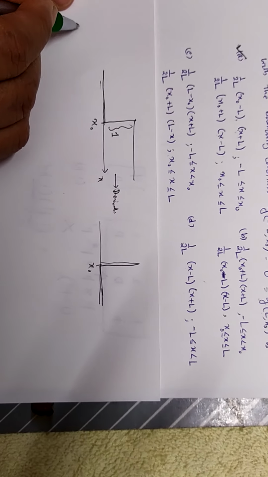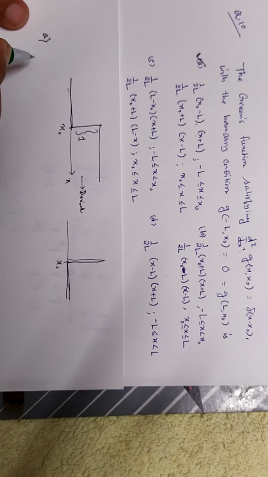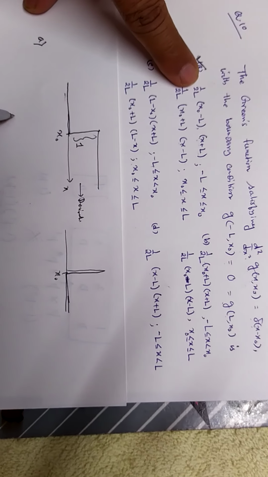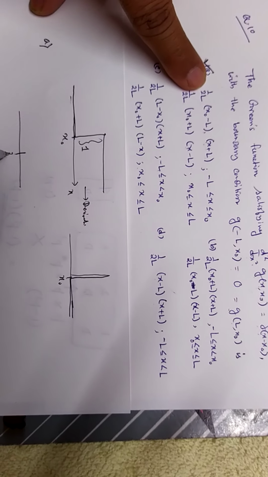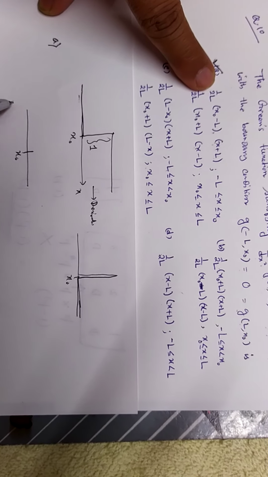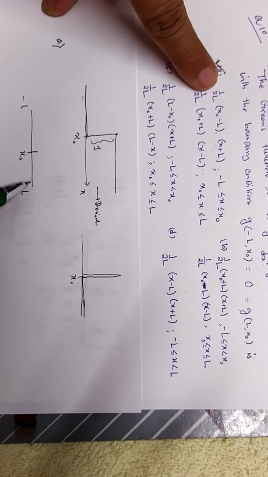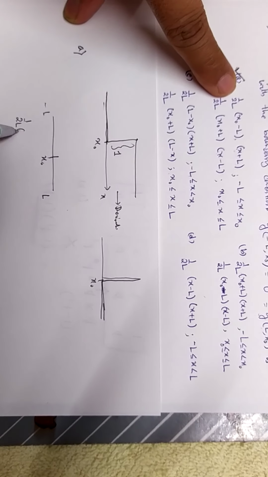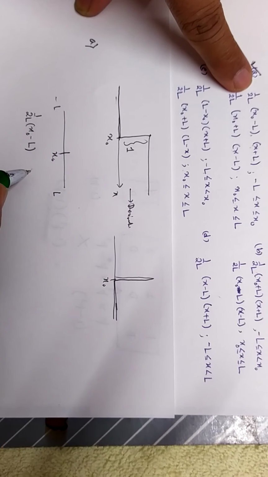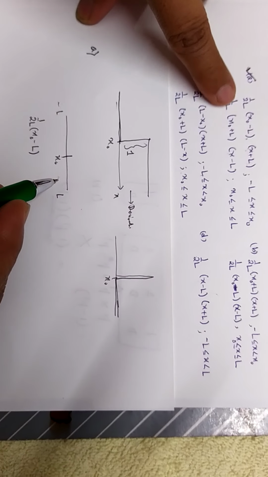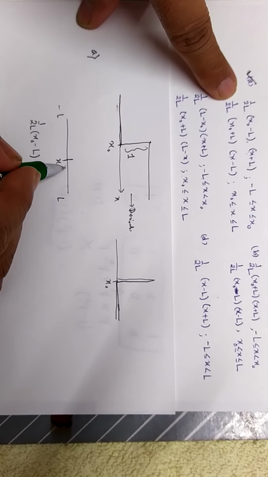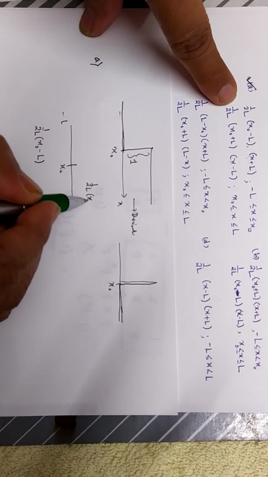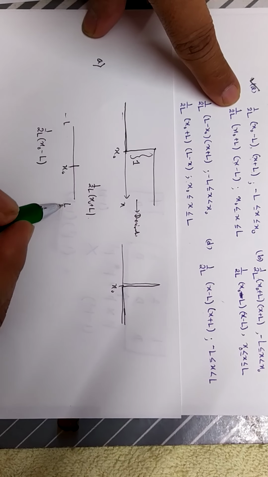Now let me try to check the first one. The derivative of this, say this is x0, between minus L and x0, where this is minus L and this is L, is 1 by twice L into x0 minus L. And the derivative of this between x0 and L is 1 by twice L into x0 plus L, right?